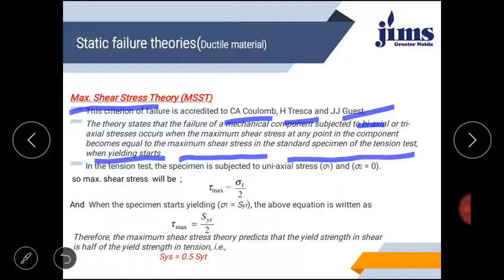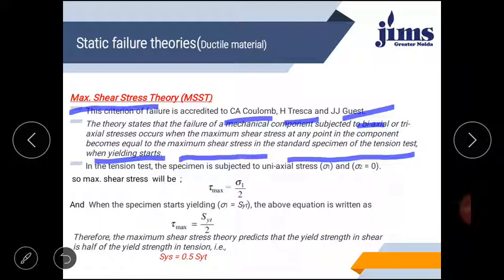Whatever loading system is acting on the component, we have to calculate the maximum shear stress induced in the component, and that should not exceed the maximum shear stress of the material determined on a standard specimen in the tension test.